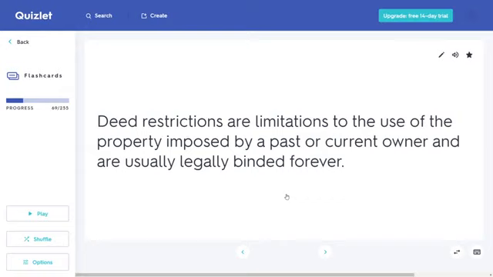Legally, it cannot be cut down because that is a deed restriction. And guess what? Somebody new buys the property, they can't cut down that tree because it's a legally binding agreement. As soon as you get that deed, it becomes legally binding to current or future owners.